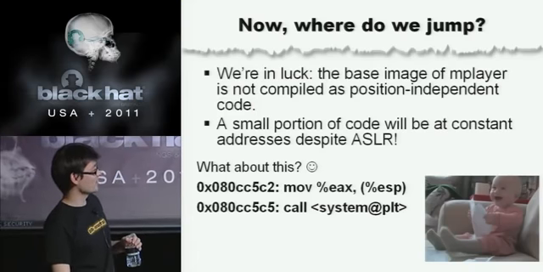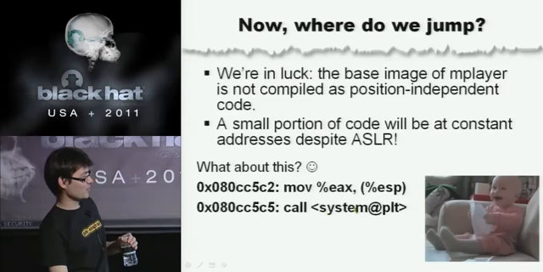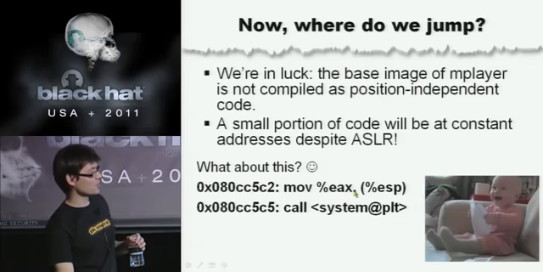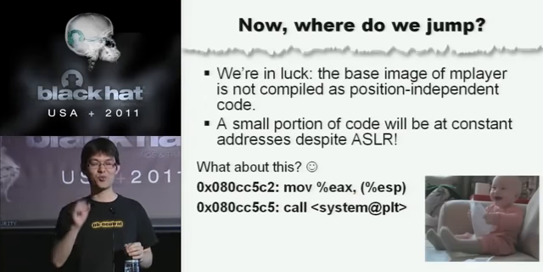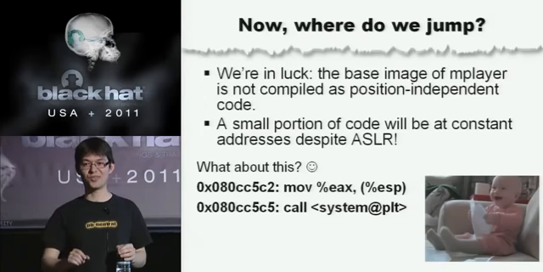And what you find is a call to system and move whatever is at EDX onto the stack. So basically, whatever is in EDX will point to a string that will be interpreted as a shell command and executed.